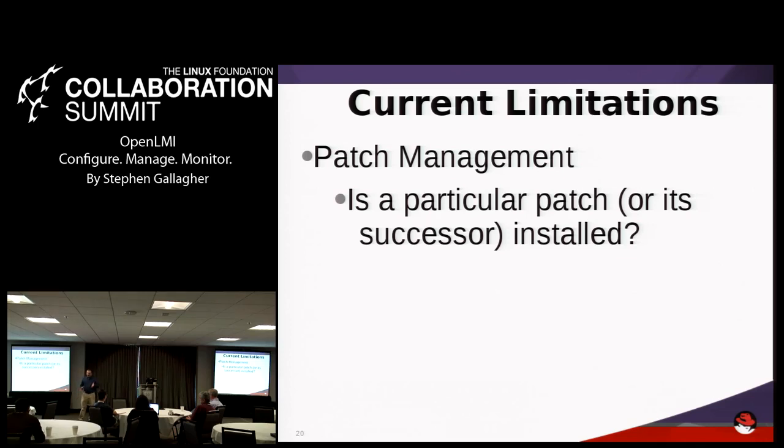But what we'd really like to do is actually find a way to put together that information and make sure that we know that this patch rolls up every previous package patch, and that we can ask a bank of systems, is the fix for this installed? And if not, fix that problem immediately.